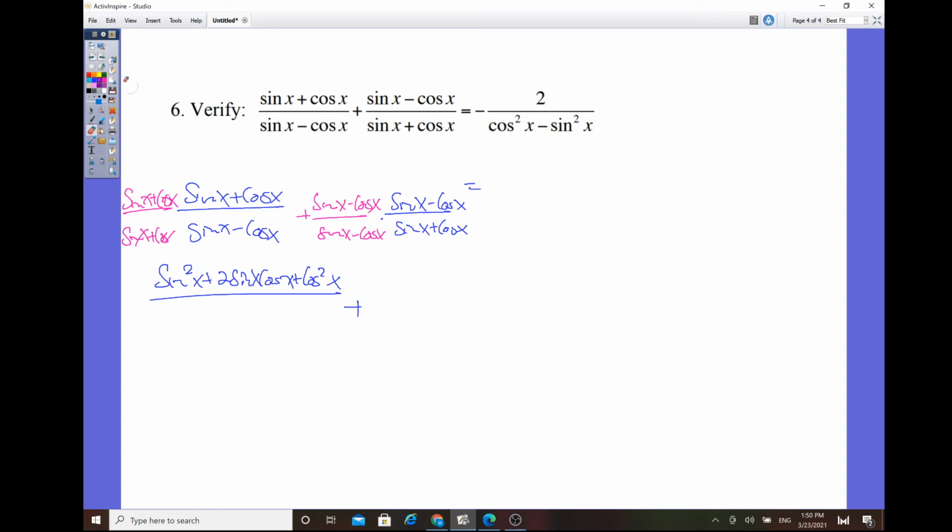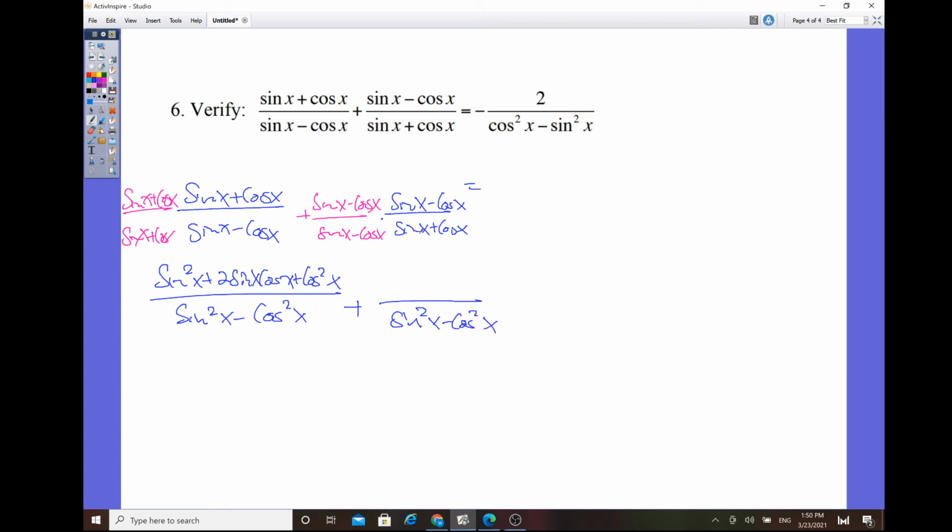That's what we need for the denominator eventually. So sine square of x minus cosine square of x, and this one right here, similar: sine square of x minus cosine square of x.